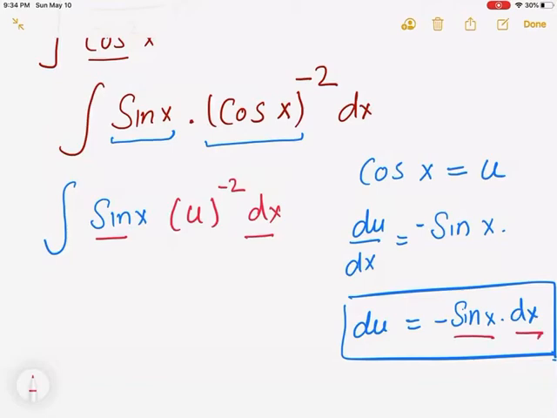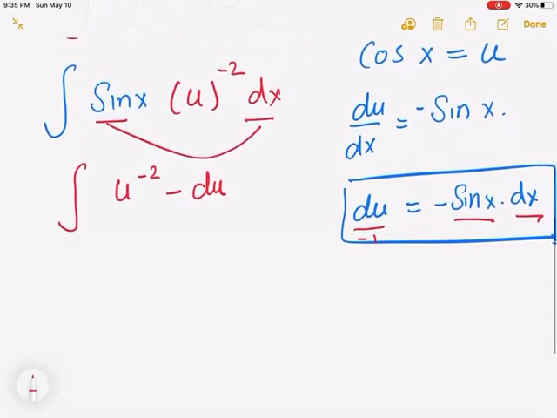Let's solve this equation for sine x and dx. I would divide by negative, so basically these two expressions are equal to negative du. I hope you understand. I replaced sine x and dx in terms of du. Here I divided by negative to solve this equation for that part.